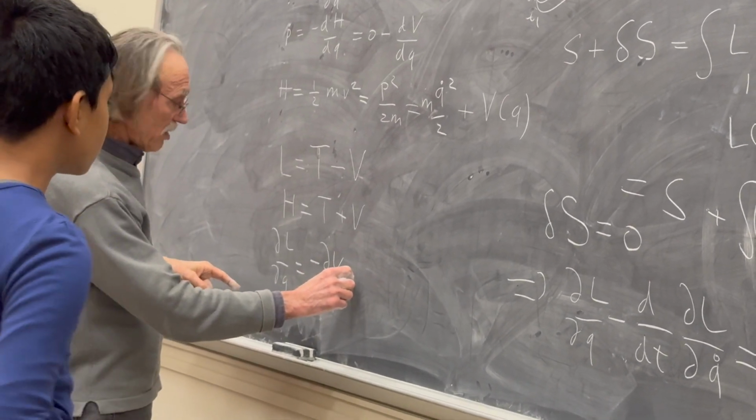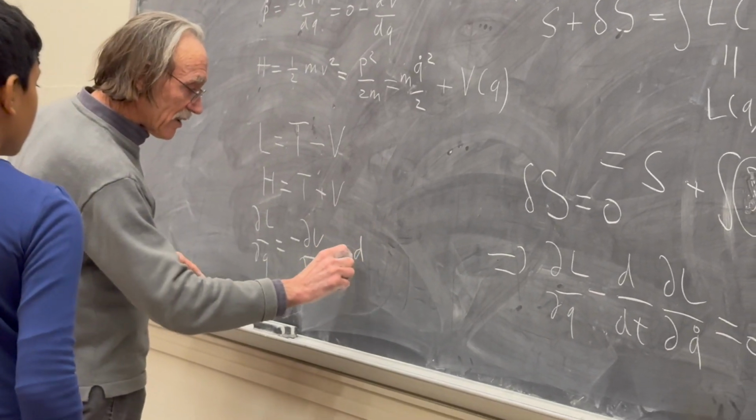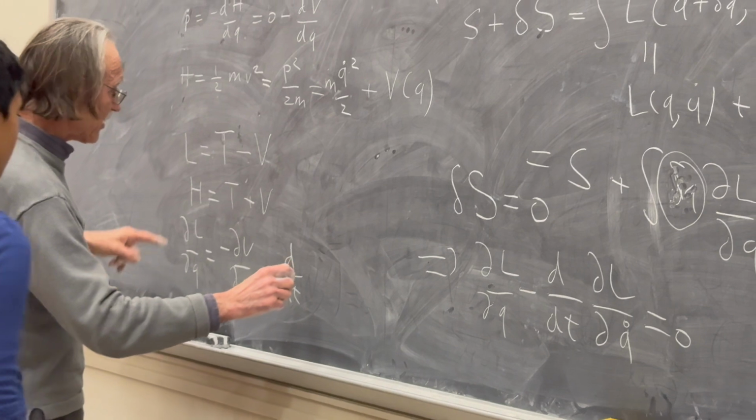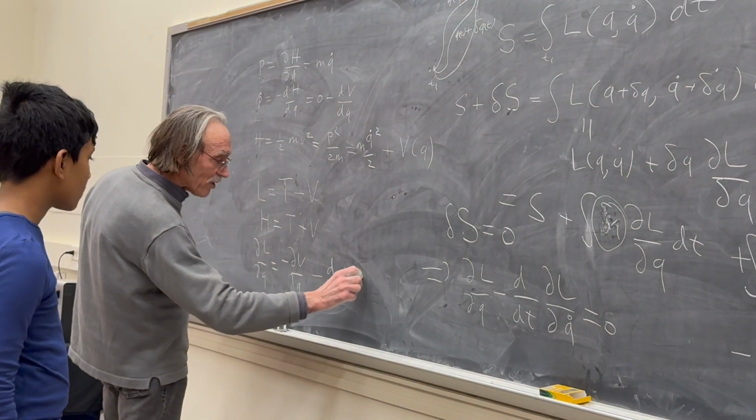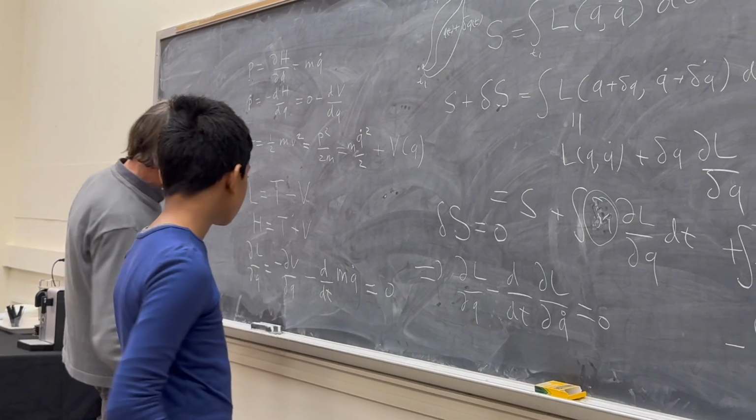And here we have minus d/dt of m q dot, and this is equal to 0.